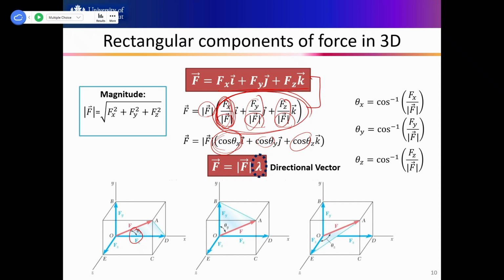So I repeat, the force vector is magnitude multiplied by directional vector. The magnitude is the force magnitude, and the directional vector, a unit vector, indicates only the direction. We'll practice how to find the directional vector in problem solving later too. Any questions?